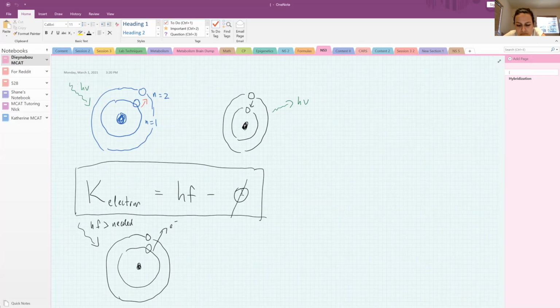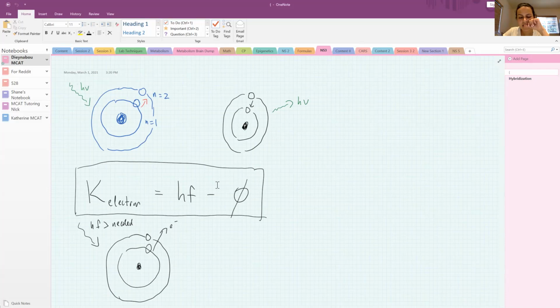So if the photon that you add is greater than that ionization energy, that energy is going to go towards making it move. Basically it's like the conservation of energy with enthalpy, but not with heat energy; rather it's with kinetic energy.